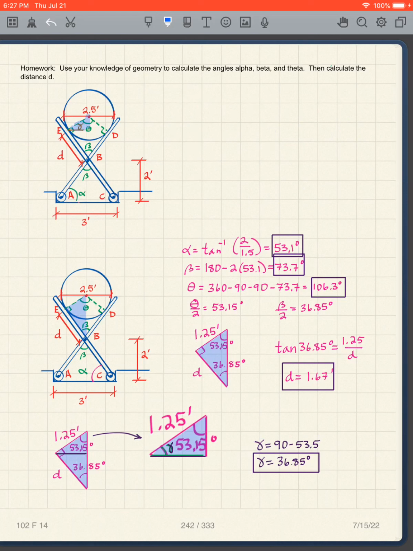And okay, so I've got all that. Now my goal is to get this D, and so I've got all my angles and things like that that I want.